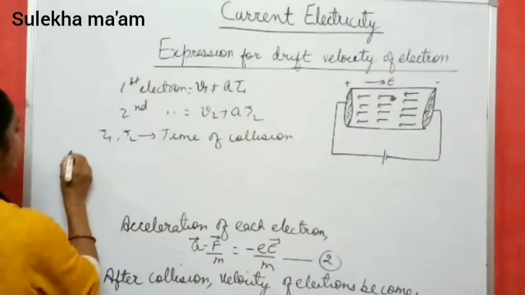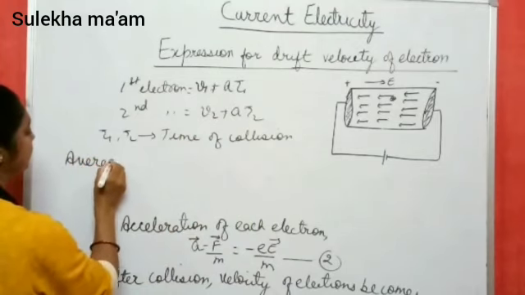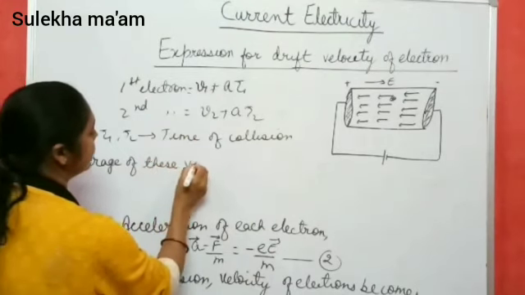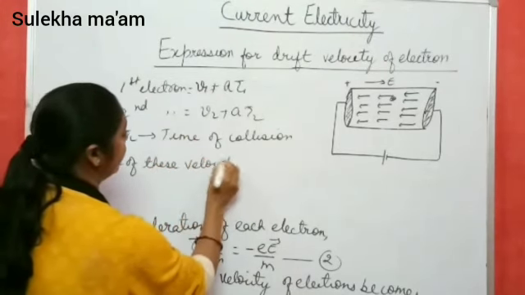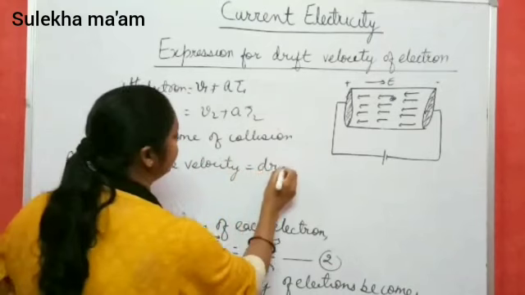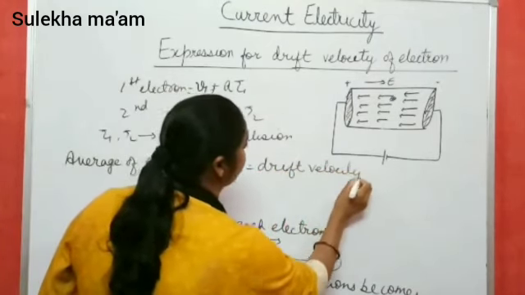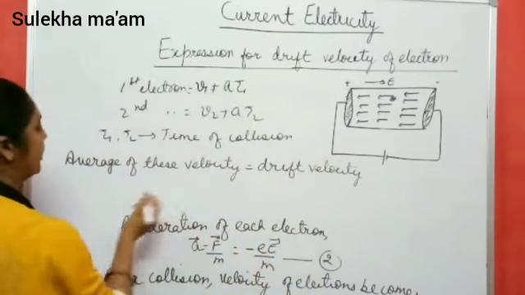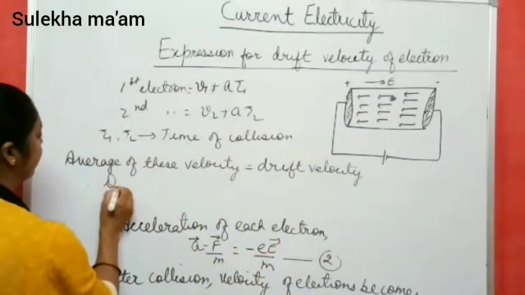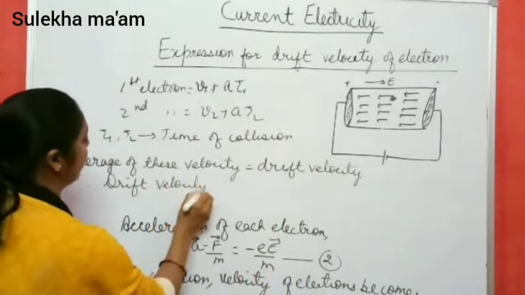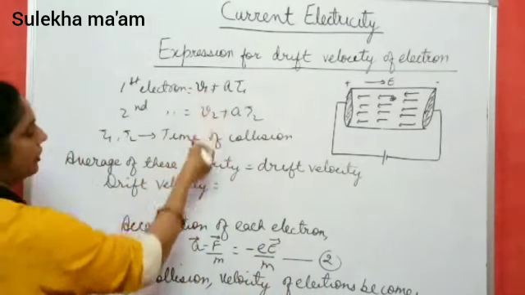Then you can write that the average of these velocities is equal to the drift velocity. So from here you can write the formula for drift velocity. Drift velocity equals the average of all these velocities.